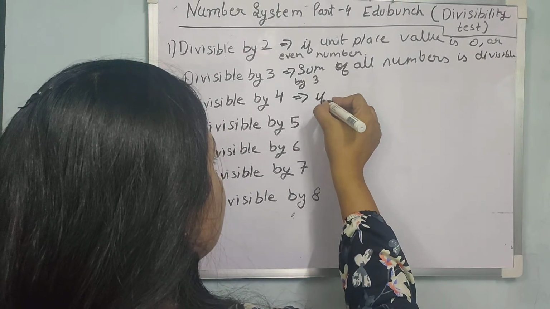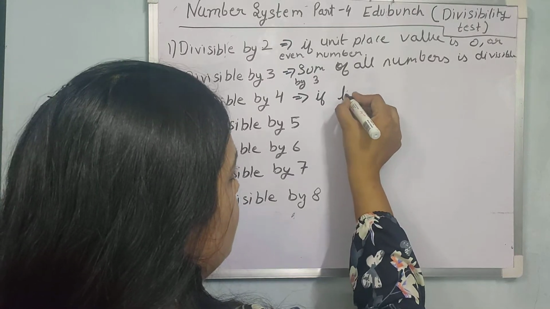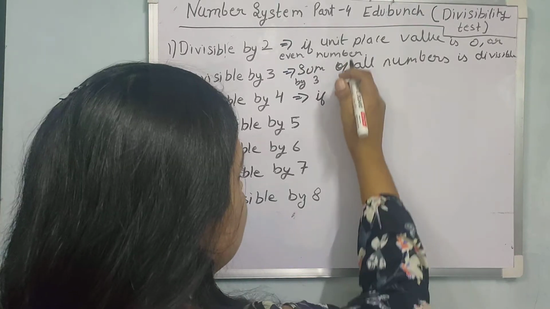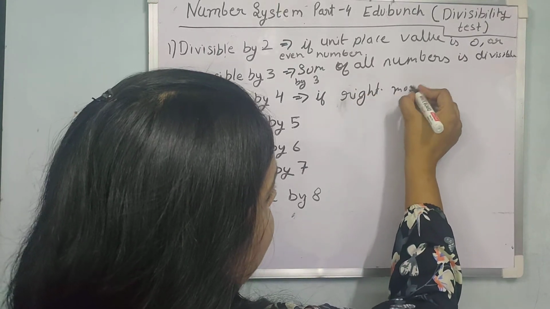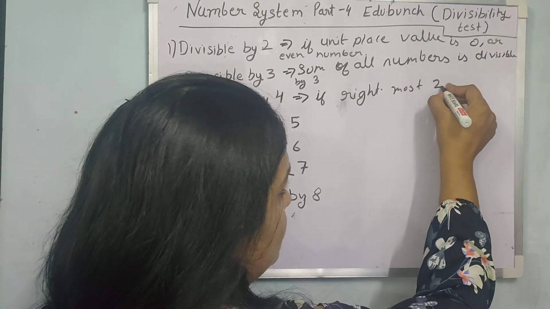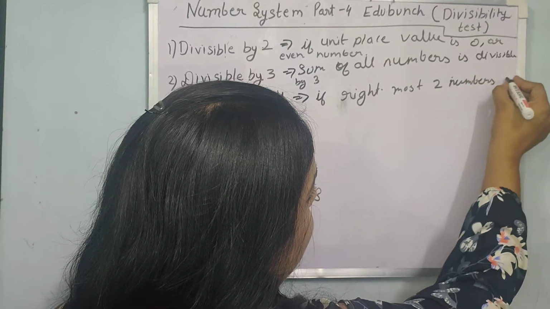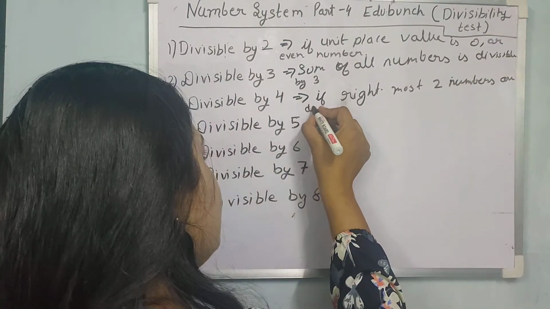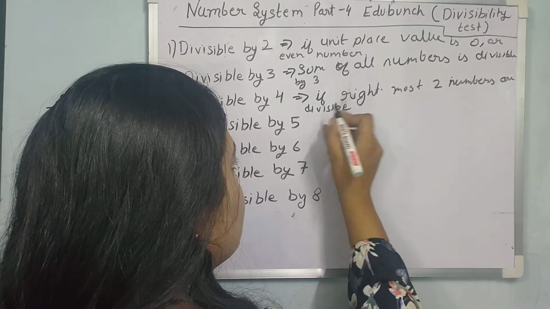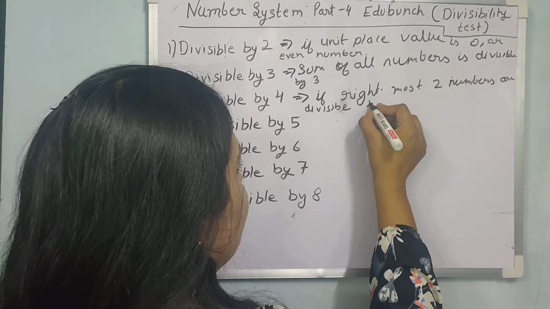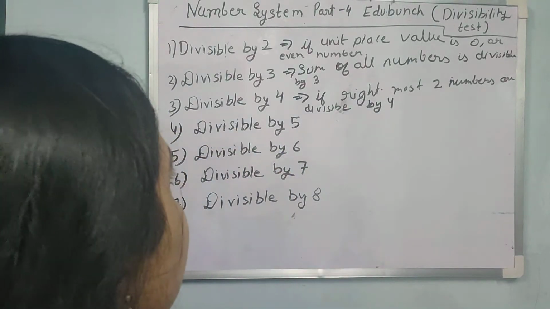If the rightmost two digits are divisible by 4, we can say the complete number is divisible by 4.